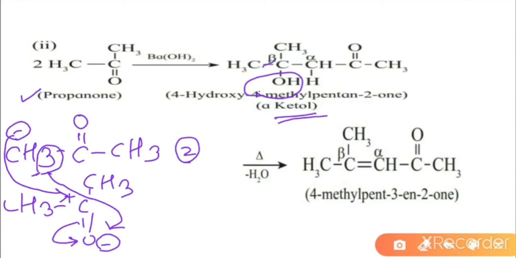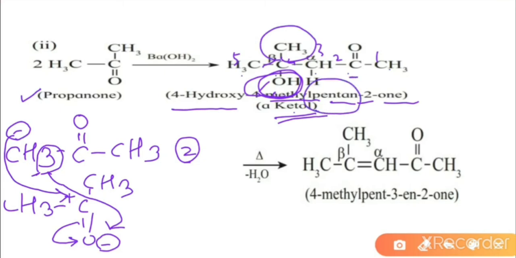Beta hydroxy ketone. IUPAC name: 4-hydroxy, 4-methyl, 1, 2, 3, 4, 5, pentan. The carbonyl group is on the second carbon, so 2-one: 4-hydroxy-4-methylpentan-2-one.